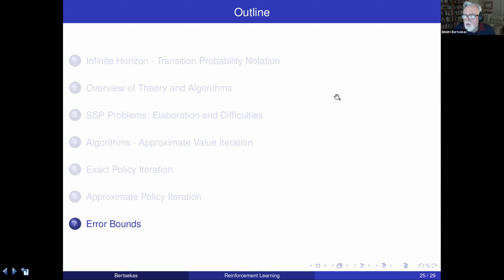Some error bounds are more detailed than others, but they capture fine details of the method that you don't have time to observe, you don't have opportunity to observe, and you can't really understand. The bounds I'm going to give you are among the earliest ones, perhaps the earliest ones, and the simplest ones. And they are important because they mirror practical behavior.